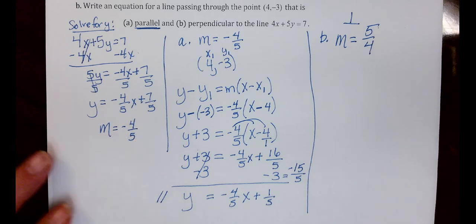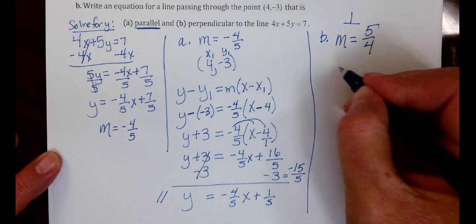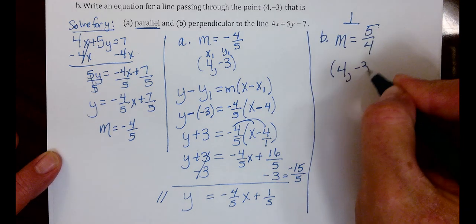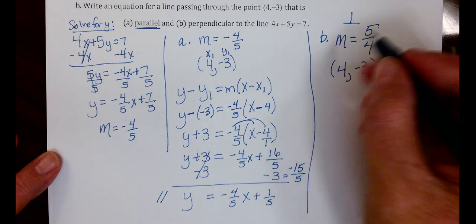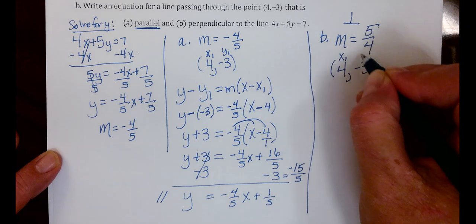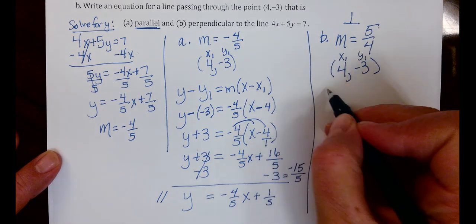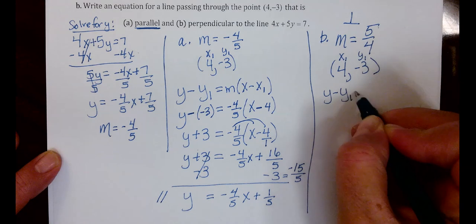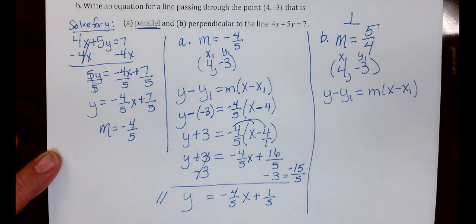Again, we're using this slope now and the point that we're given. The rest is the same process, just with this new slope. We are going to label this x1, y1. We're going to use the same point-slope formula and plug in.